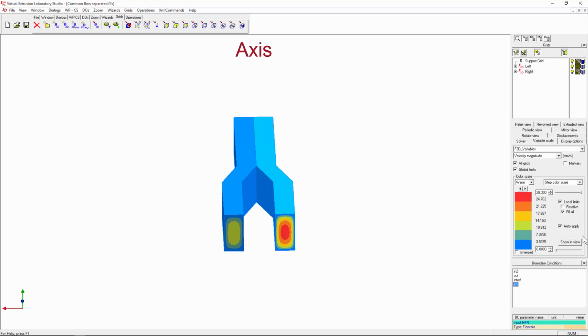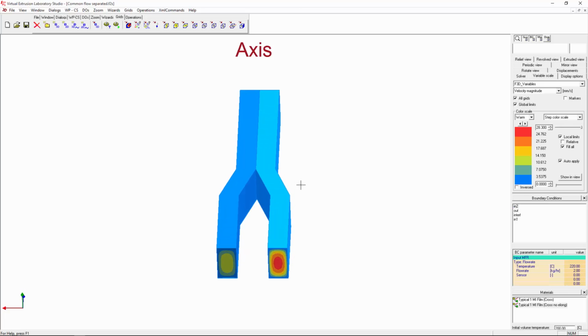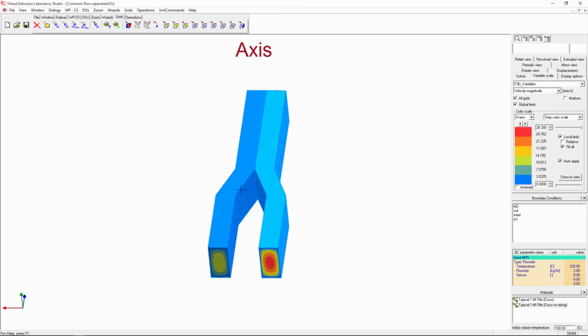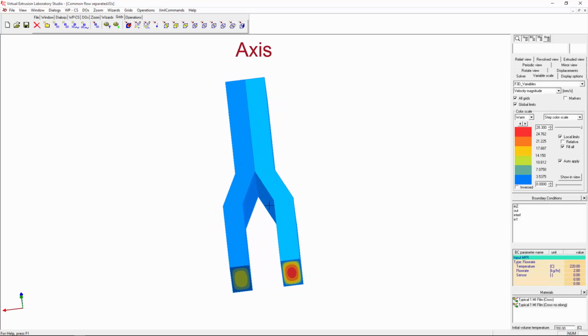Flow rate number one is 1 kilo, and the other one is 2 kilo. So this is flow rate number 2, this is flow rate number 1, and we should see some flow across that boundary because we simply have a higher flow rate. So you can study cases like this, and we also have different polymers here.